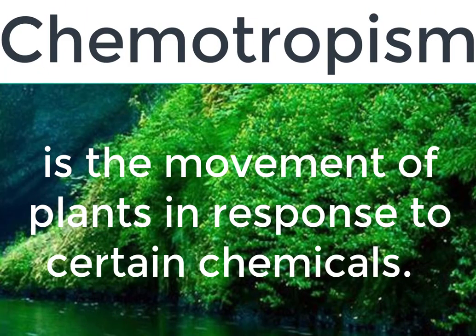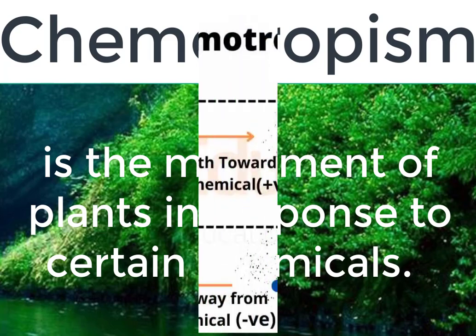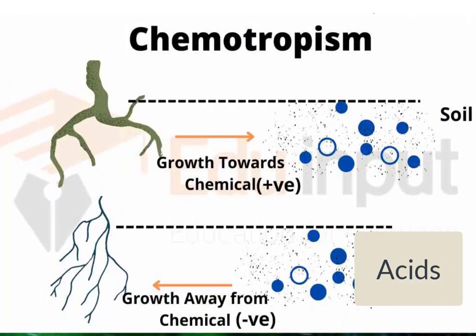Chemotropism is the movement of a plant in response to certain chemicals. A chemical gradient can influence the growth of plants in a positive or negative way. Positive growth is characterized by growing towards a stimulus, and negative growth is growing away from the stimulus.